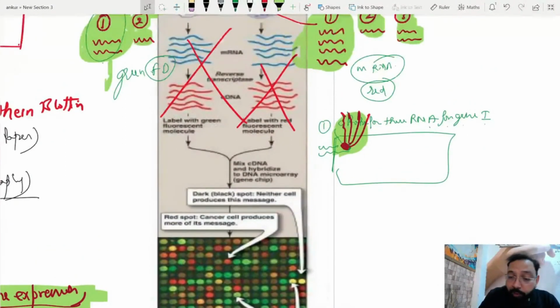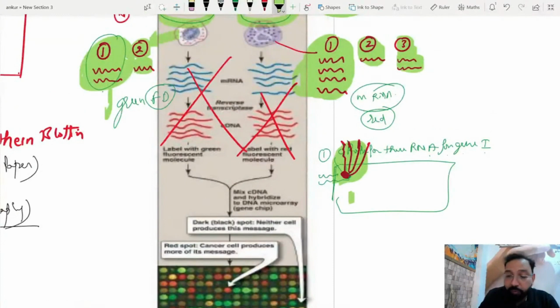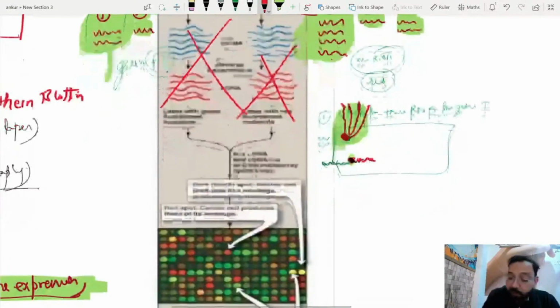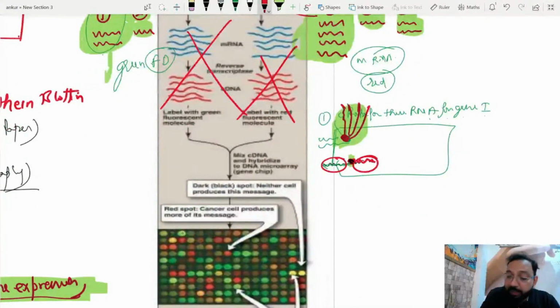But at the position of gene number 2, you will find one messenger RNA from the normal cell and one messenger RNA from the cancer cell, because both are equally expressed. So green and red in equal amount give yellow.